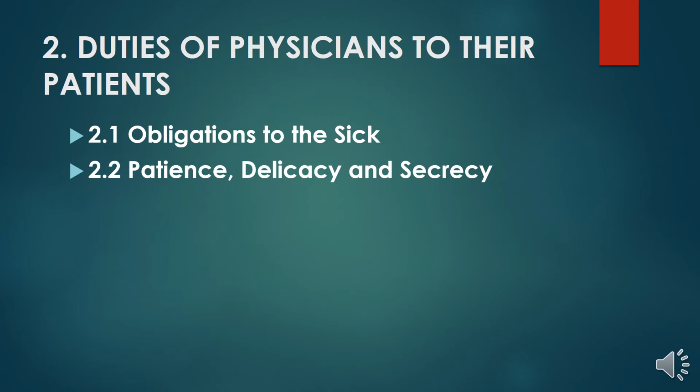So, in such instances, the physician should act as he would wish another to act towards one of his own family members in such circumstances. So, the physician should have patience and should maintain secrecy or confidentiality.